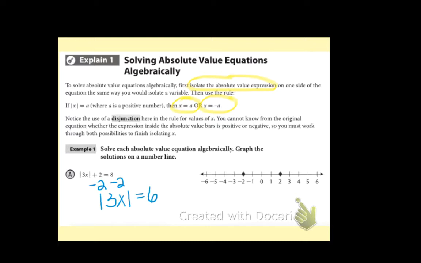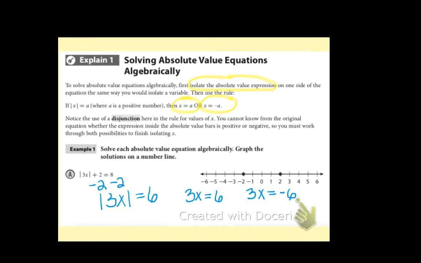Once you've got the absolute value isolated, you're going to write the two possibilities. The first is that 3x could equal 6, as it appears here without the absolute value brackets, but because we know that absolute value brackets could take something negative and make it positive as well, 3x could also equal negative 6.